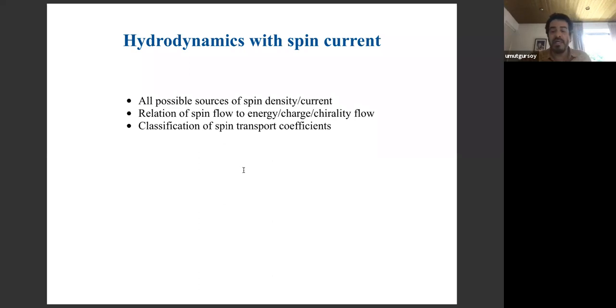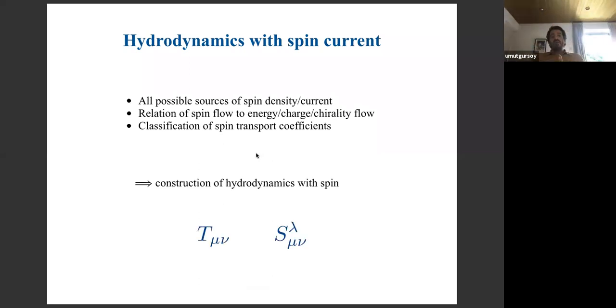As far as I know, in a strongly correlated system and in a relativistic setting, this has not been done in a systematic way. And one last point is that it's very important to classify all the spin transport coefficients, again in the relativistic setting. I'm not promising that I will be doing all of that in this talk, not at all. We just took the first step towards this, and other people are doing that as well. I think in some time we will have a complete story, but not yet.